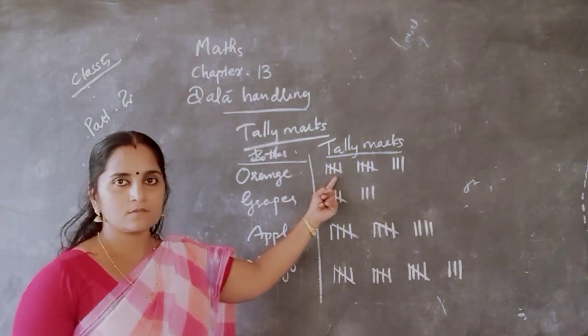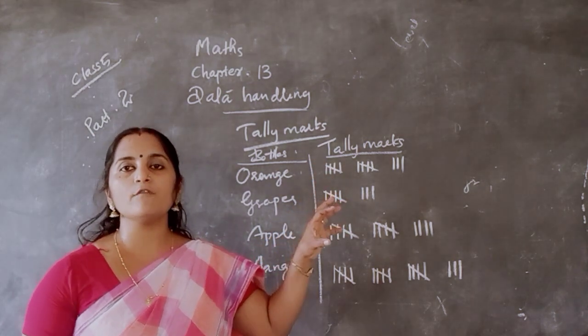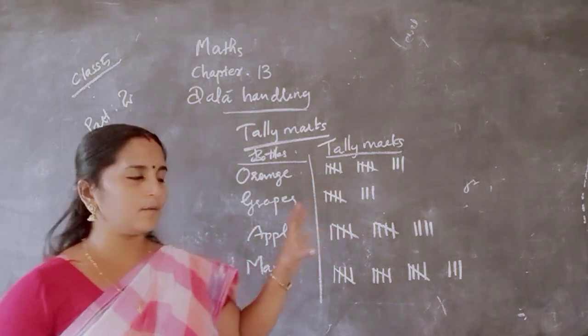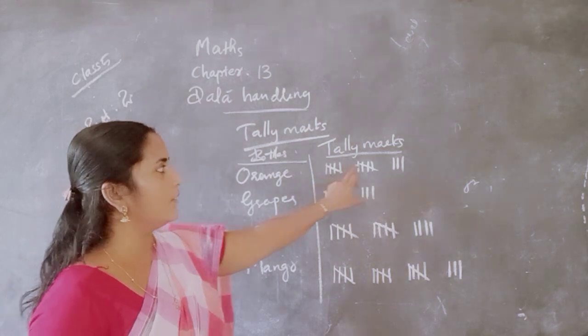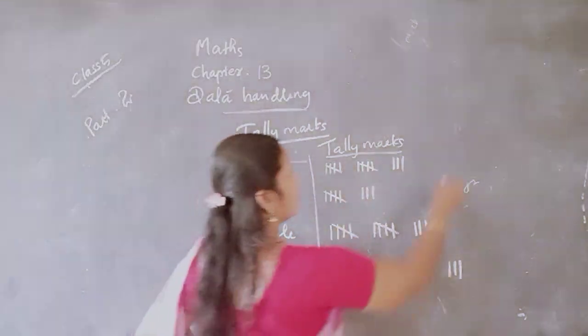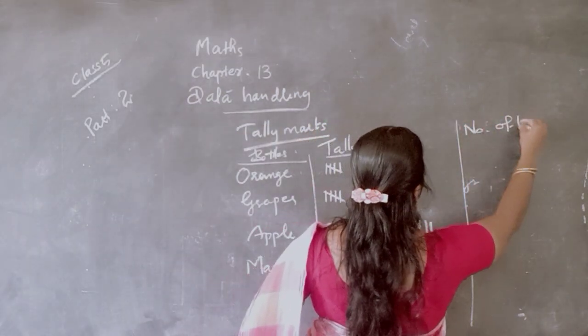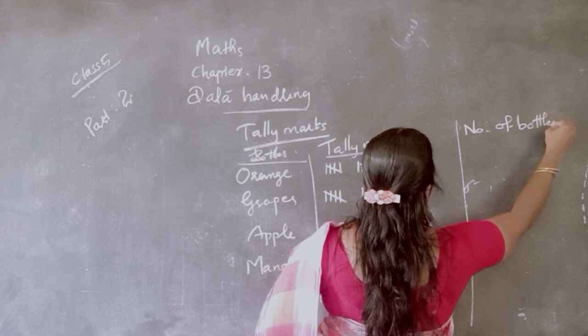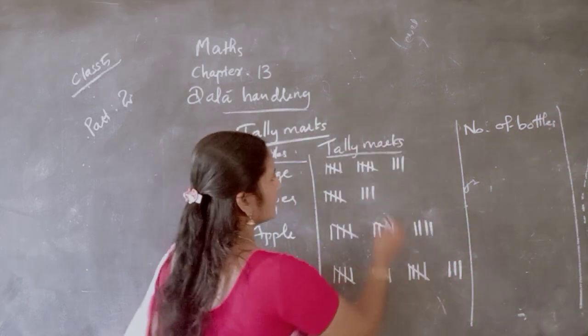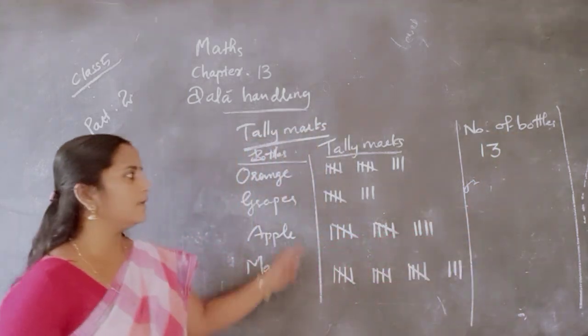This represents 5, that is, tallies represented as a group of 5. So, 5 plus 5, 10 plus 3. So, what is the number of bottles? 13.